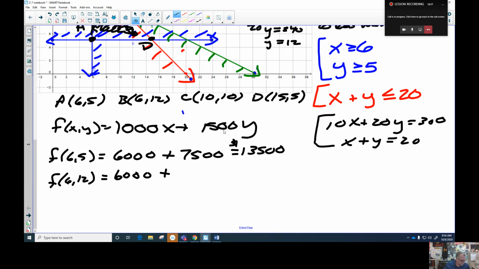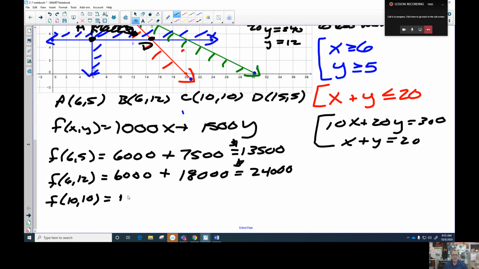F of 6, 12 is 6,000 plus 12 times 1,500. What would that be? Let's see. 12 times 1,500 is 18,000. So we've got 18,000 here, and that would give us 24,000. So that's a bigger max. Right now, that's the maximum. Let's see what else. F of 10, 10.